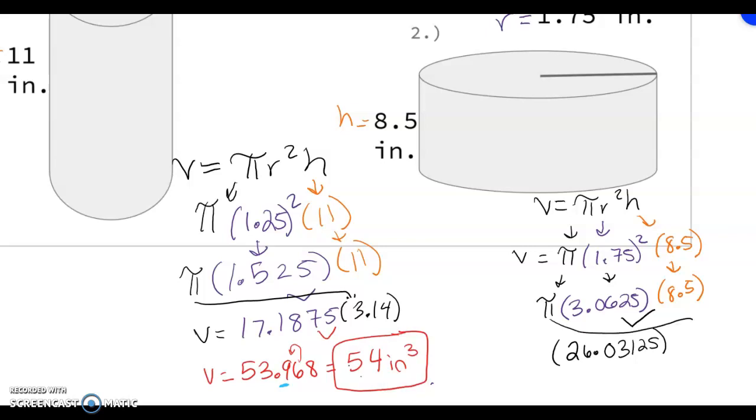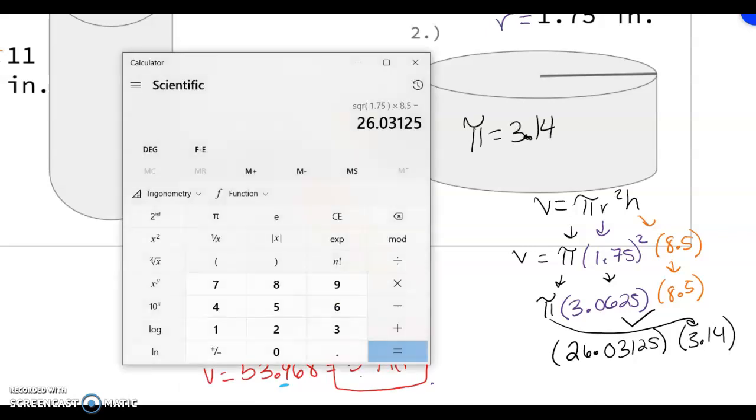And now we're going to multiply it by 3.14, because that's what pi is. Usually it'll tell you, pi equals 3.14. It's continuous forever, but in this case, we want to only use the first 2 digits after the decimal, so to the hundredths place.